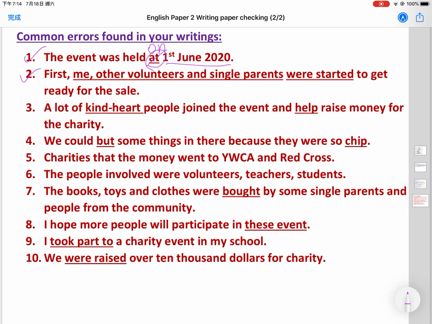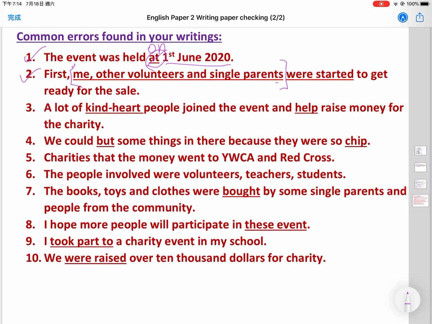And then number 2, first, me, other volunteers, and single parents were started to get ready for the sale. I can guess what you were trying to say, okay, which is a really nice attempt. But I want you to pay attention to the subject, okay, the subject. This is kind of like Chinglish, okay?